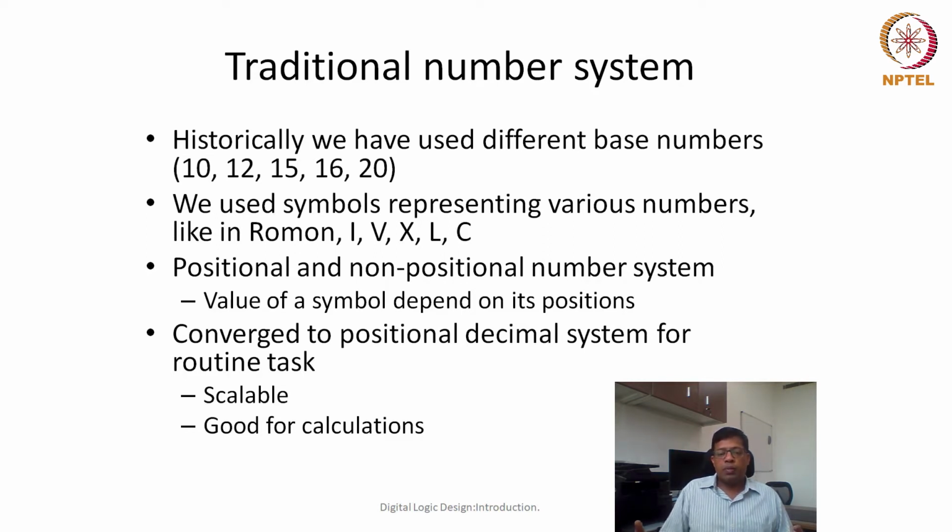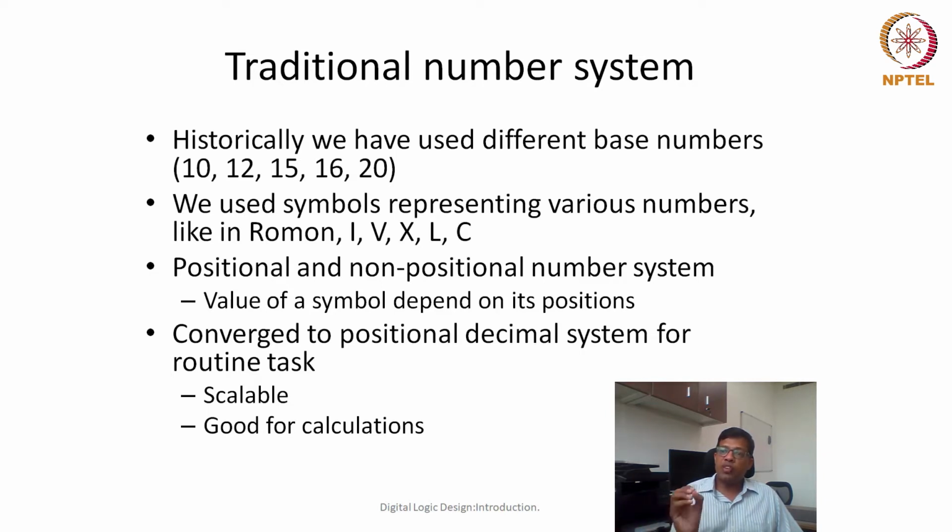Based on this, we can classify all these systems into two parts. One is position based, another is non-position based. In a position based number system, there is a fixed set of symbols. For example, in decimal there are 10 symbols: 0, 1, 2, 3, 4, 5, 6, 7, 8, 9.